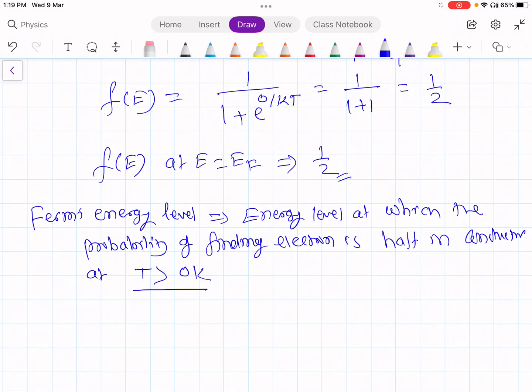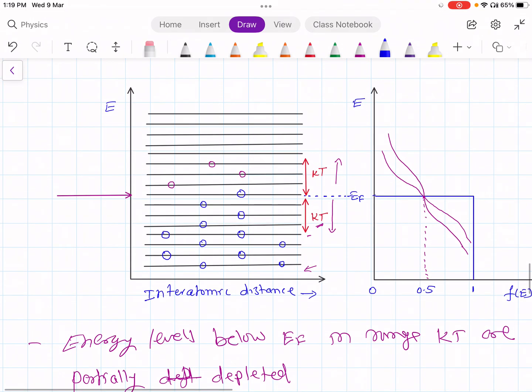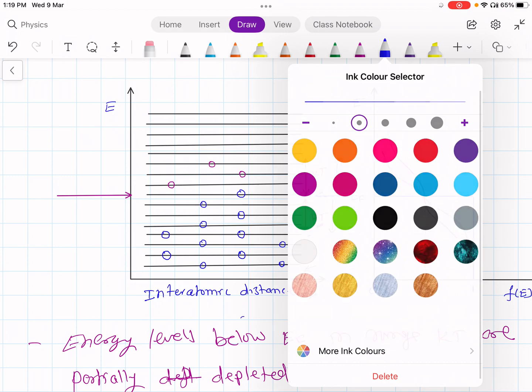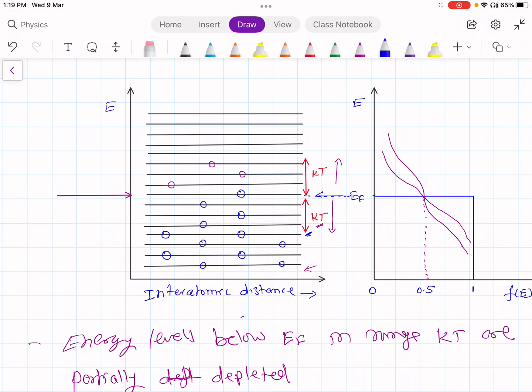Then what is the Fermi energy? Let us define Fermi energy. This is the Fermi energy level and this is the Fermi energy. All the electrons in the range kT below EF and in the range kT above EF, these energy levels are partially filled. So all the electrons in the range kT above and below EF participate in the conduction process.